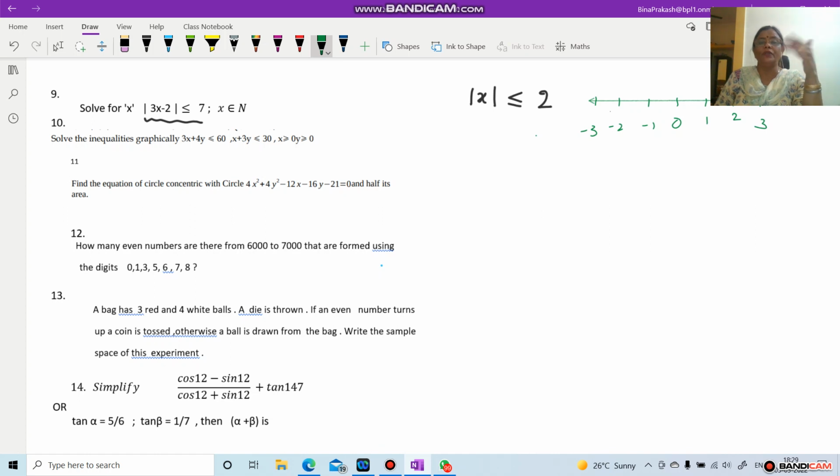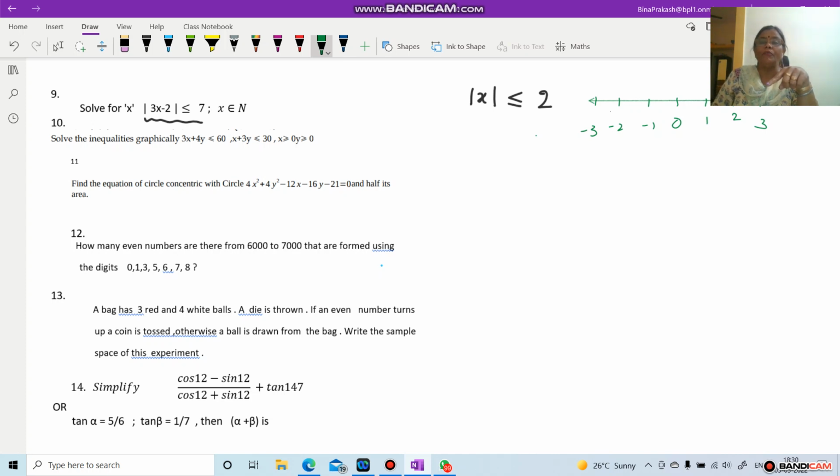But beyond it, take any number beyond it. Let me take up the whole number integers, that will make it clear. If you go for x equal to -3, the modulus of -3 is 3, which says that 3 is less than or equal to 2, which is not a valid statement. It doesn't satisfy. So what information do we get from here?